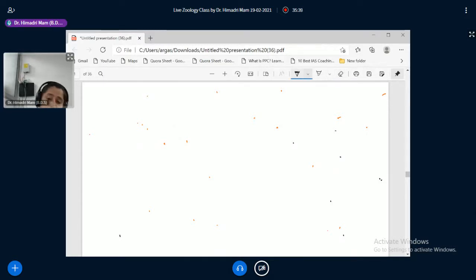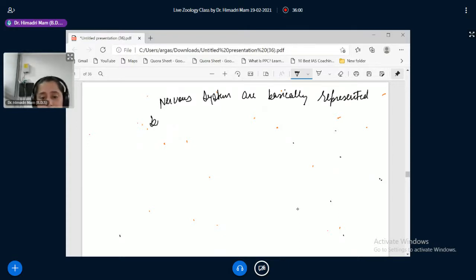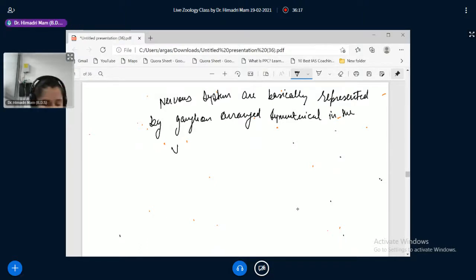Okay. Now, the nervous system is basically represented by ganglia arranged symmetrically on the ventral surface, with ventral paired nerve cords.